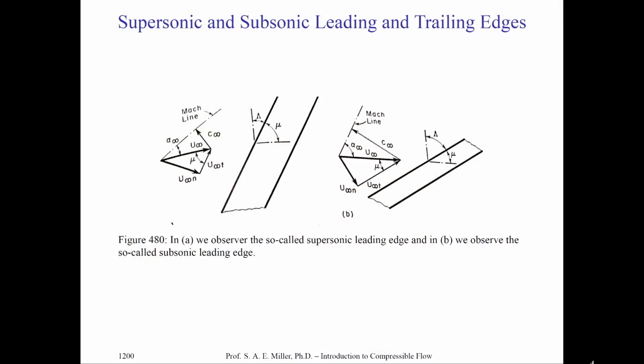Let's now write down some of these trigonometry identities. Here, in part A on the left, we'll see a so-called supersonic leading edge. And on B, we'll observe the so-called subsonic leading edge, even though both cases have supersonic incoming flow.